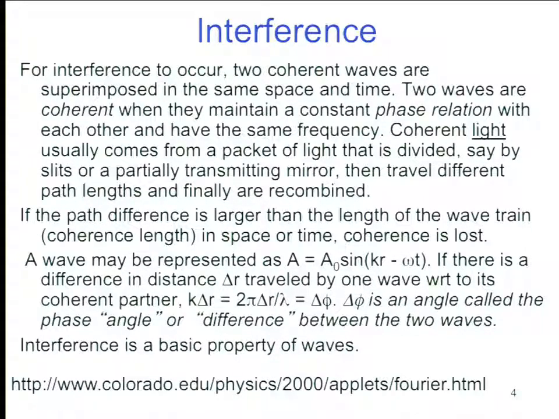Now, one way to create a path difference is this way, where you see there's a path difference between here and over there, because one is starting here and one is starting here. Or you could put some material in there, which would slow one beam down. Or, well, dream up something. Or you could put a mirror or something to do it. So that's the main drift of this idea.